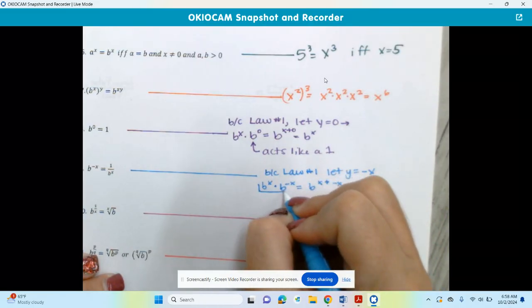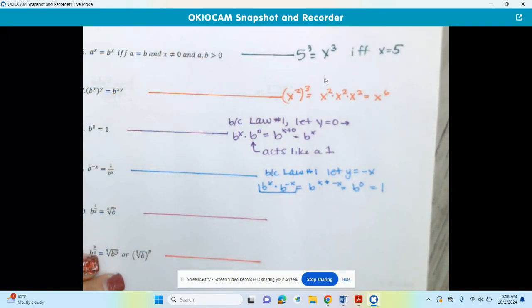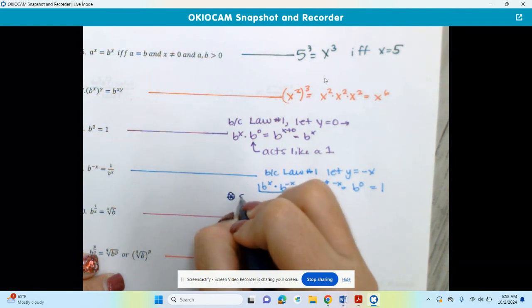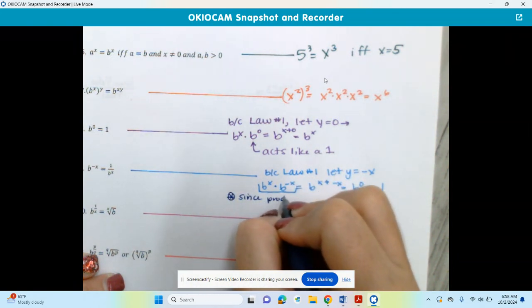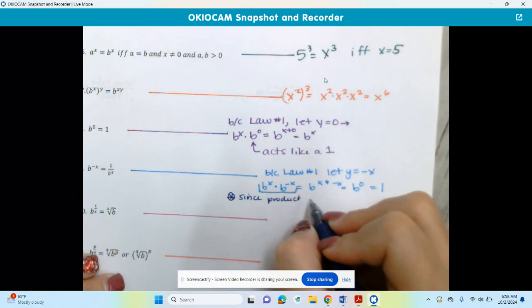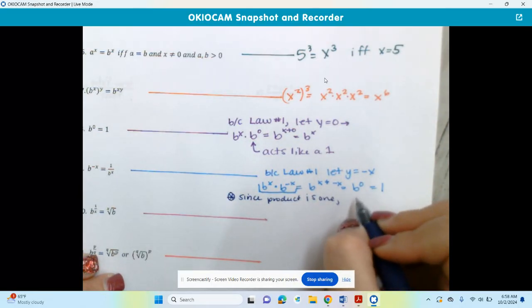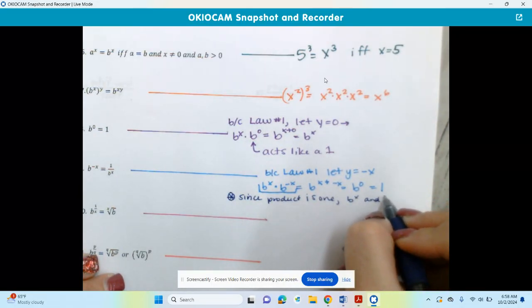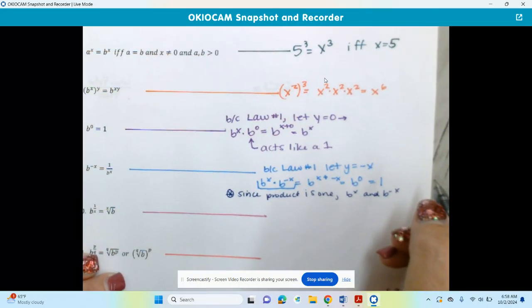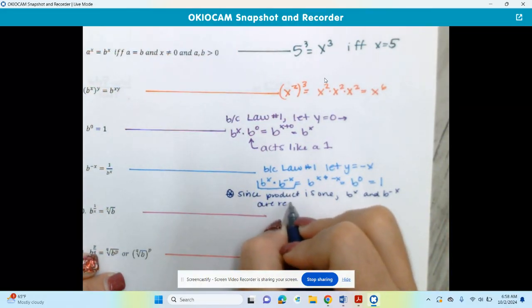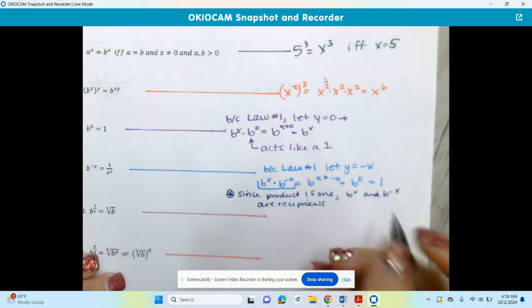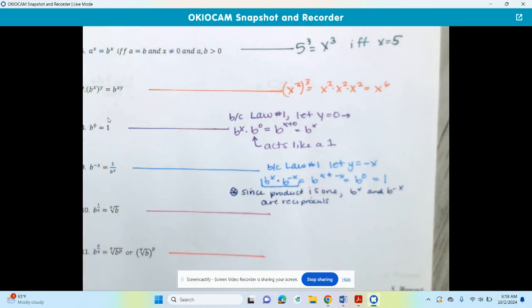So since their product is 1, b to the x and b to the negative x are reciprocals. When I ask you about reciprocals, you say the reciprocal of 1/2 is 2 over 1, or the reciprocal of 4 is 1 over 4. It's the same thing. B to the x and b to the negative x are reciprocals of one another.